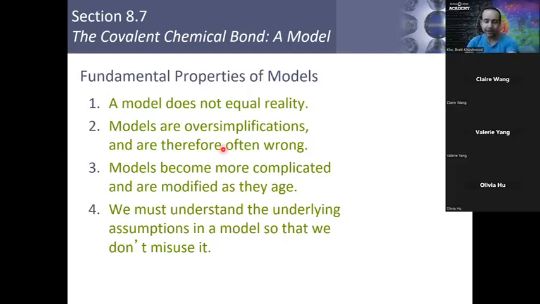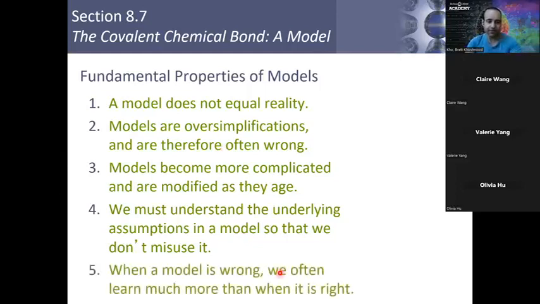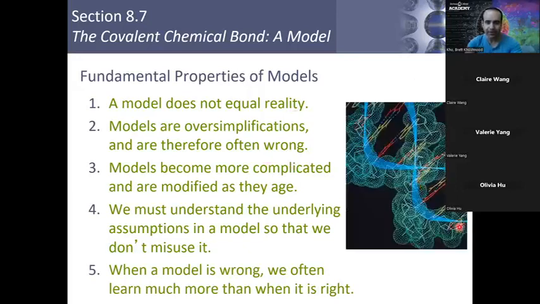It's also often really good that models are incorrect, right? Because we'll then learn from our mistakes through additional experimentation and application of higher level technologies. So I think this might have actually been a DNA molecule, right?